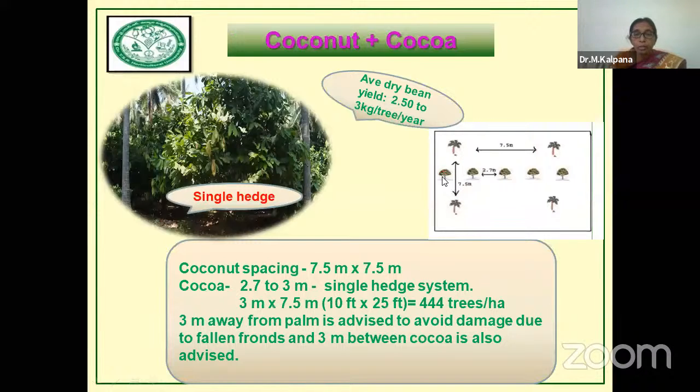The cocoa plant-to-plant spacing should be around 2.7 or 3 meters. Here the average yield will be around 2.5 to 3 kg dry bean per tree per year.